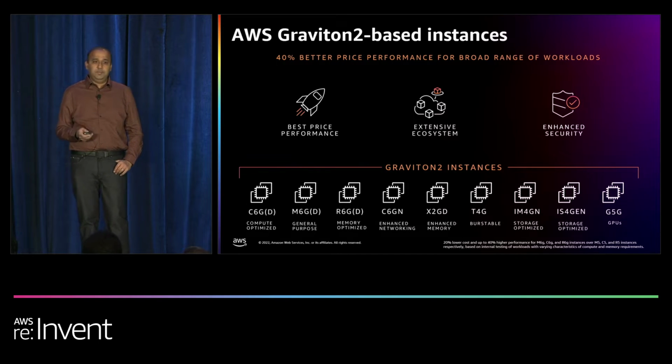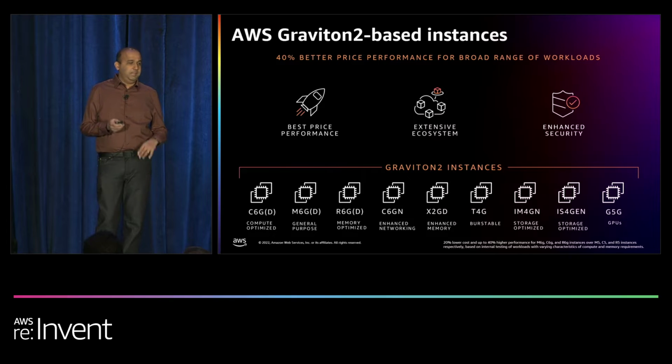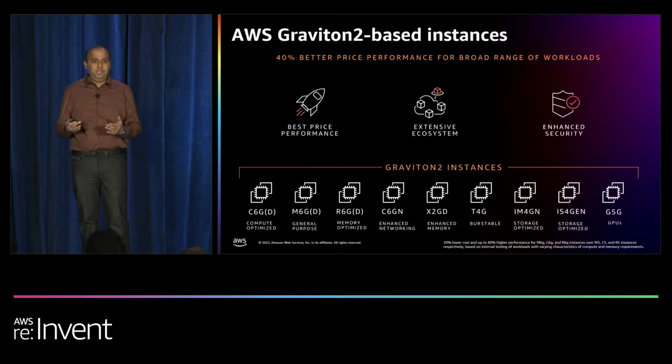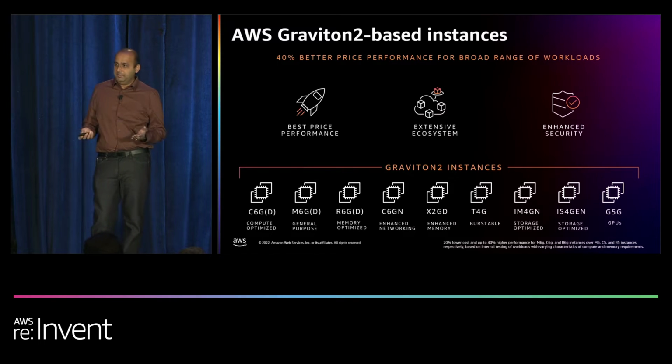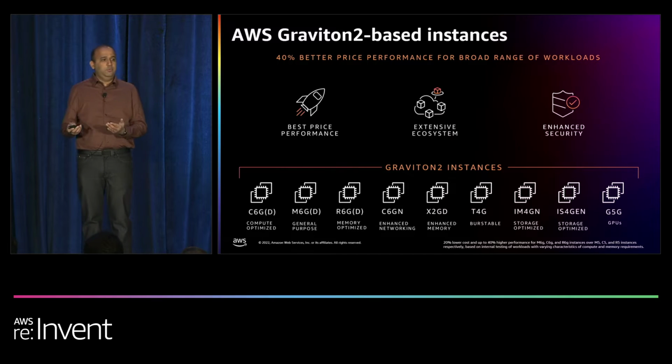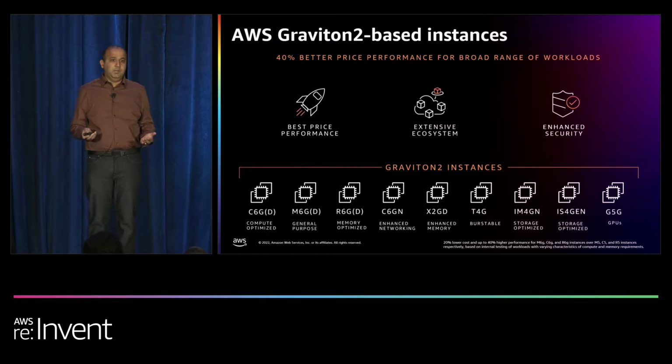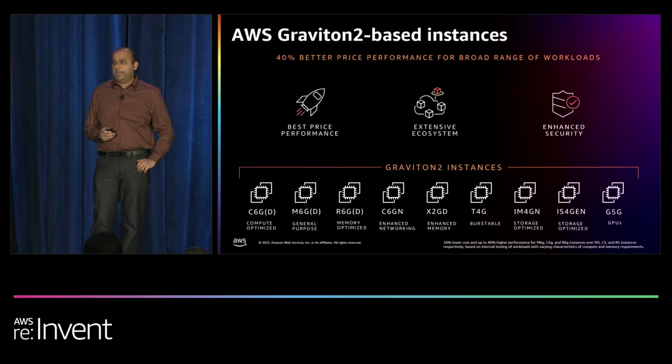Today, we have 12 different instance types that are powered by Graviton2 that allows our customers wide selection and choice for a variety of workloads, be it compute optimized, be it a general purpose workload, or whether you need more storage, memory, networking, or even GPU-based options.